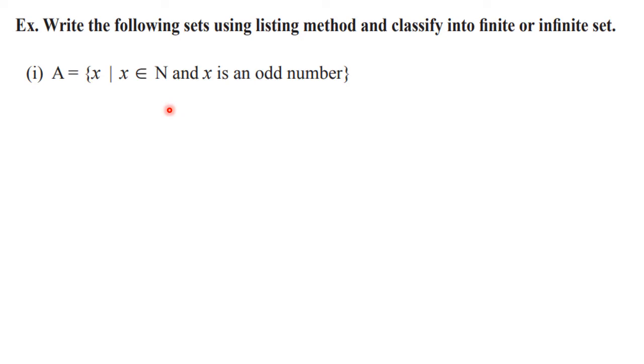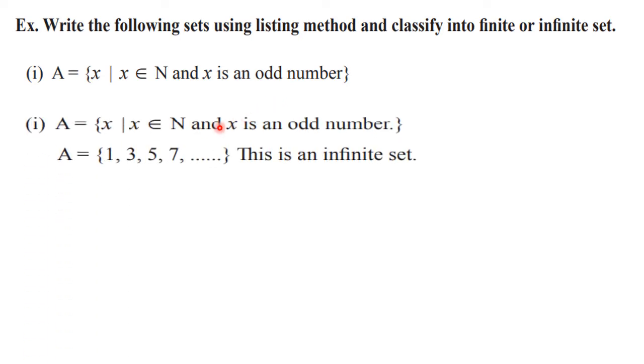You know that natural numbers start from 1, and 1 is the first odd natural number. So our first element here is 1. Then the next is 3, then 5, then 7. But here no boundary is given. That means this set has infinite or uncountable elements.